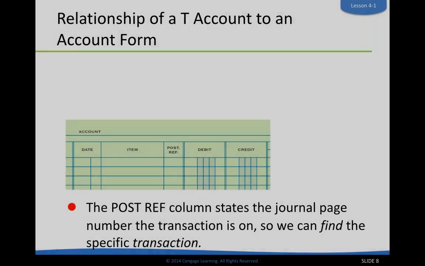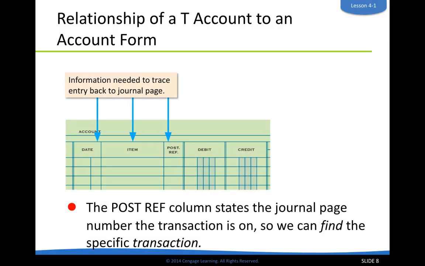So let's look a little bit deeper here at the account form. You can see that we have a lot of the same information that we have on our journal. So the date, the item, maybe the description, and the post-ref. Post-ref is where we're going to put the journal page number that the transaction is on so we can find that specific transaction.